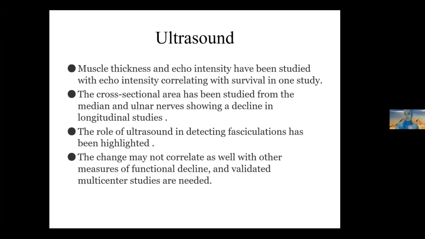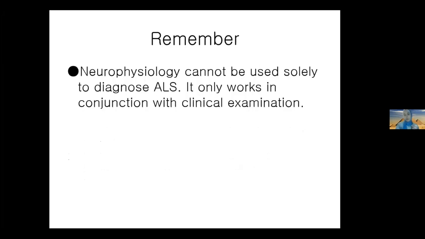There are other things, such as testing the muscle echo intensity to know how much fibrosis there is, and the cross-sectional area, to see if it's really declining because of axonal degeneration. However, we know that the findings may not correlate well with measures of functional decline, and it really needs validation in multi-center studies before you can say that ultrasound is really helpful in the diagnosis of ALS. But we should know about it.